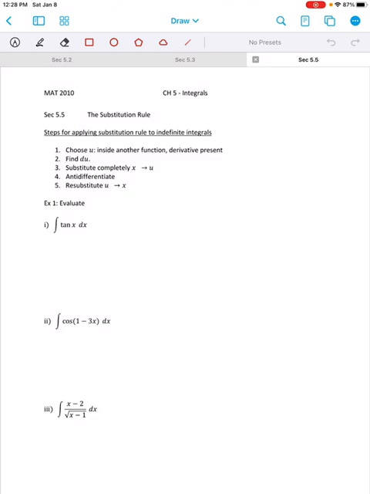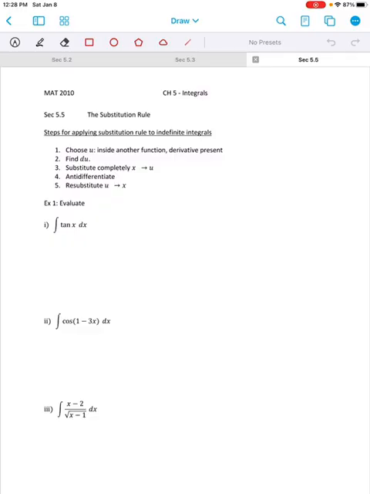We are going to look in our expression, or the integrand, for a function which is inside another function, or a function whose derivative is present in the integrand. So two things: a function inside a function and its derivative, or maybe just a function whose derivative is present.